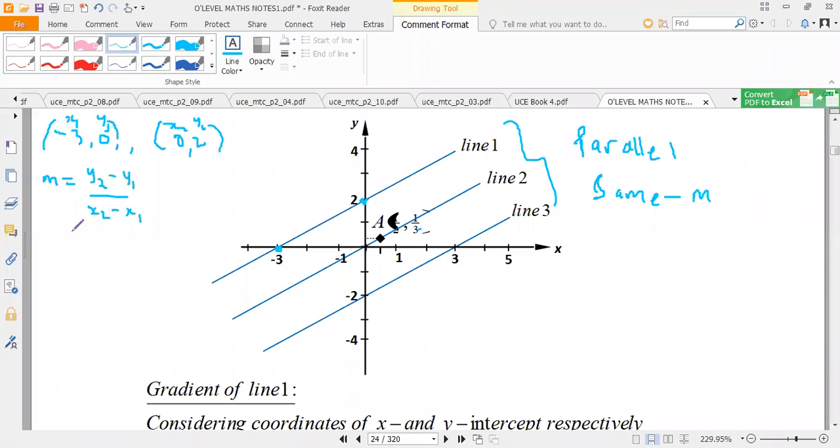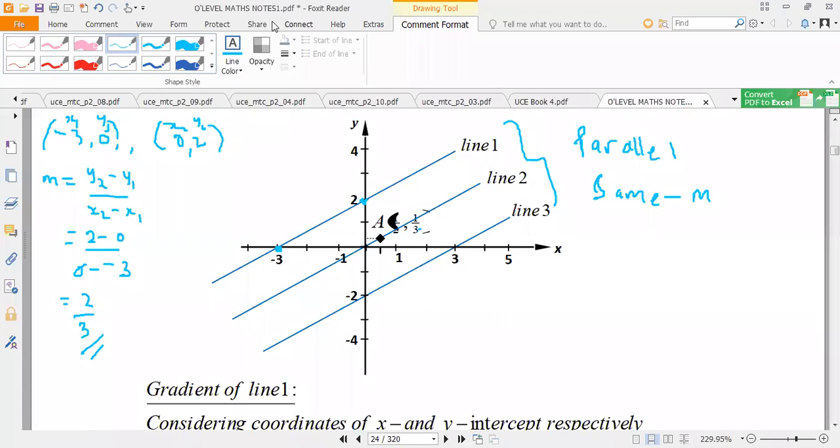So the gradient is y2, which is 2, minus y1, which is 0, divided by x2, which is 0, minus x1, which is -3. We get 2 minus 0 is 2, and 0 minus -3 gives us 3. So the answer is 2 out of 3.